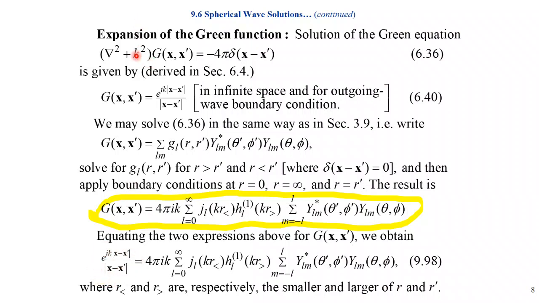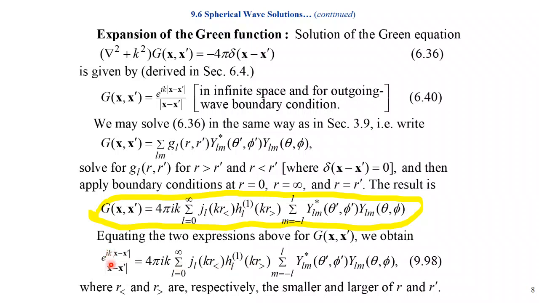If k equals 0, it just becomes the simplest case, 1 over the absolute value of x minus x prime. That's the simplest case. But now we have a propagating wave, so we have a k squared and these extra terms. Therefore, it changes to this one plus this one. Maybe you can check your lecture notes.